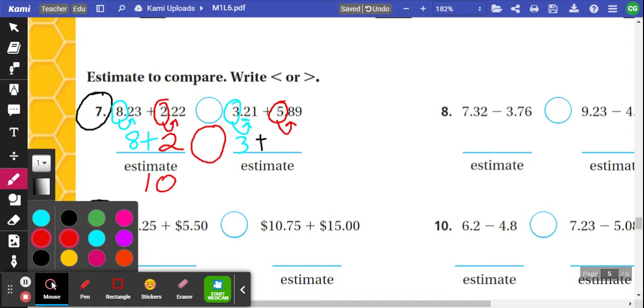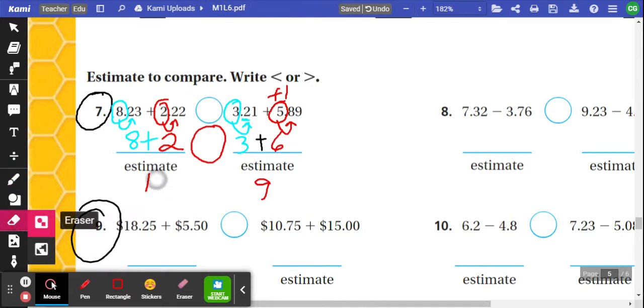It's 5 or more, so I'm going to add one more to my 5. So 1 plus 5 equals 6. And so 3 plus 6 equals 9. Actually, I should do this in the red. And I'm going to go ahead and do this one in the blue.